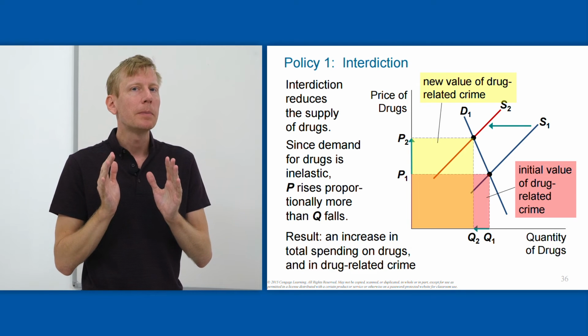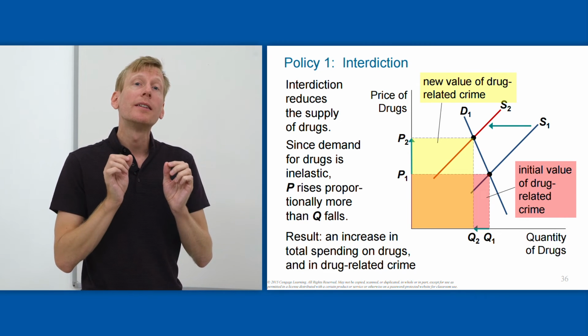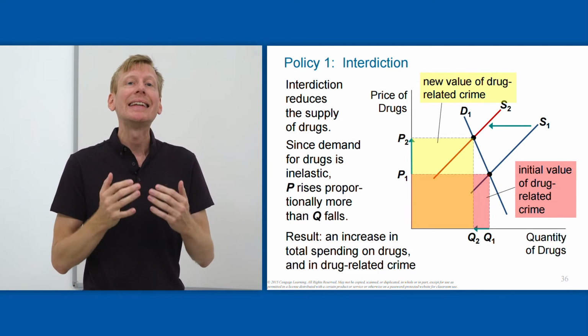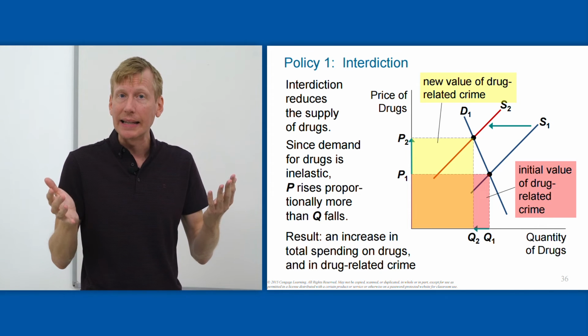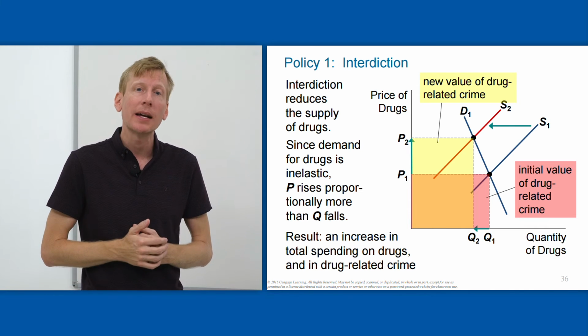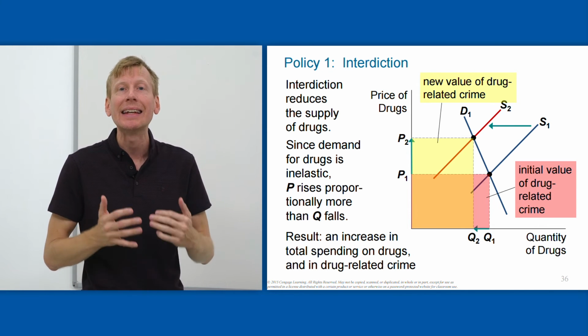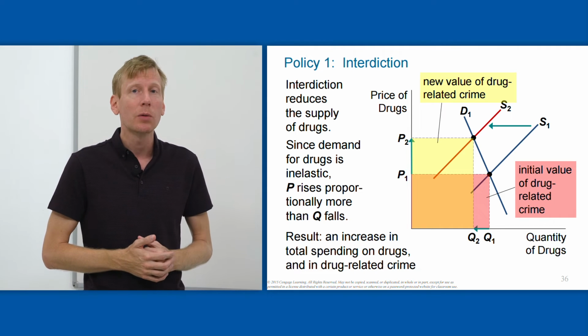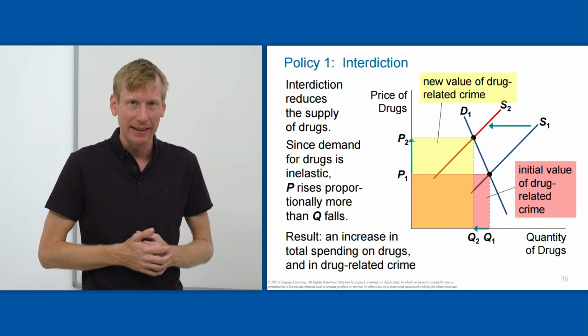First, note in the case of interdiction, we're shifting the supply of heroin, and the demand curve that we use is very steep. Now that steep demand curve goes along with a demand which is inelastic. Why inelastic? Well, for the same reason that demand for cigarettes tends to be inelastic, because heroin is highly addictive.